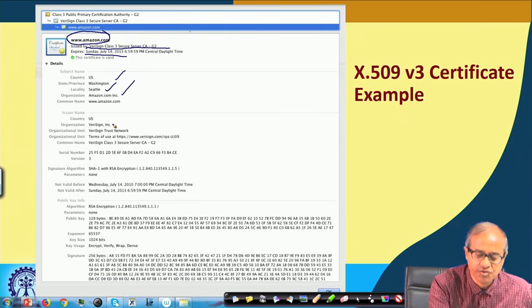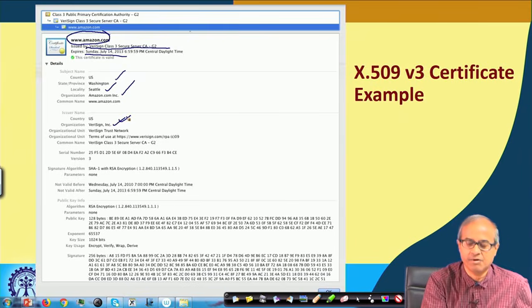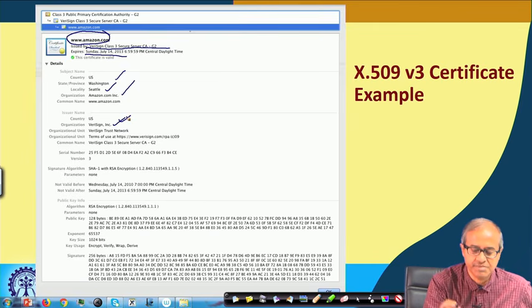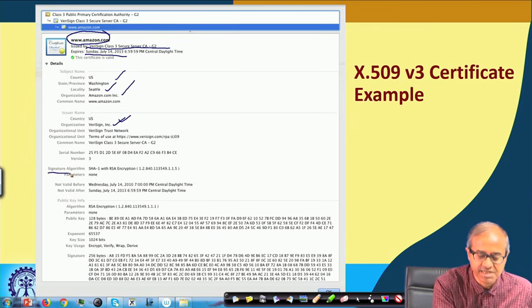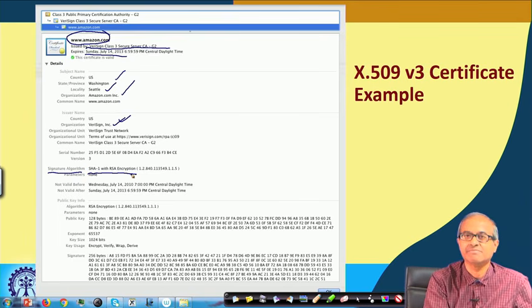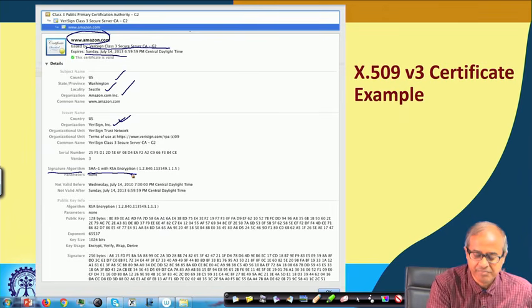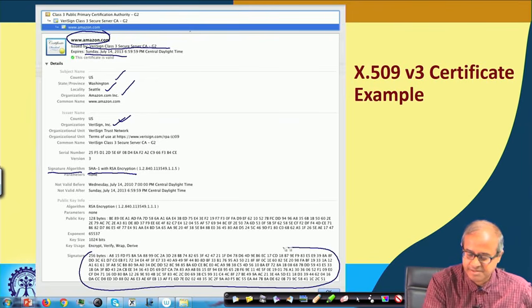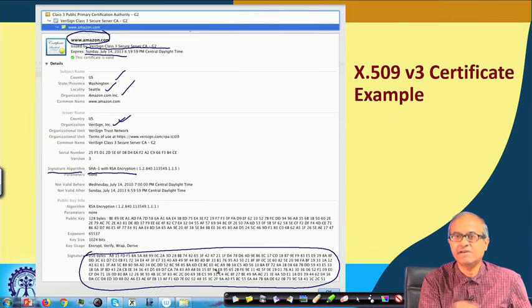So, that I can know that I am downloading the correct certificate. VeriSign is the one who signed on that behalf, and what signature algorithm is used? Signature algorithm is SHA-1 with RSA encryption. It mentions clearly what algorithm is used. At the end, this is the signature. You can verify the signature from here, right.